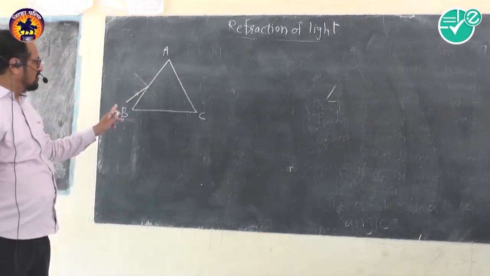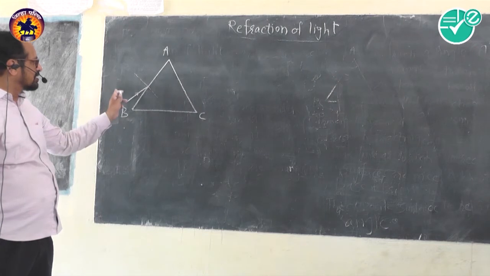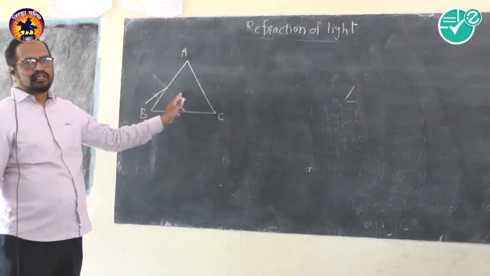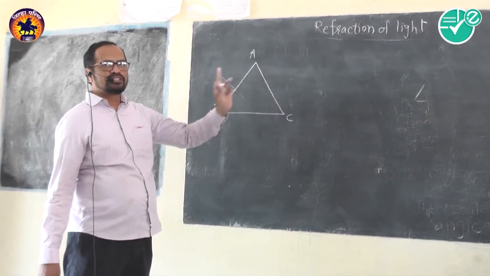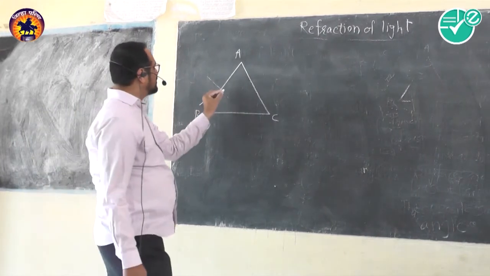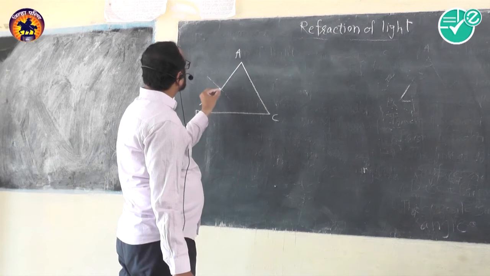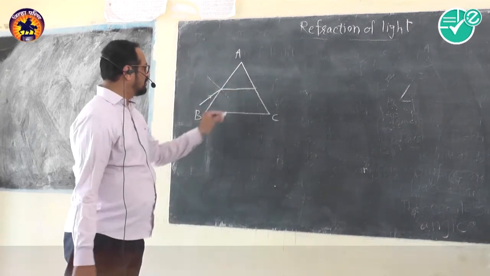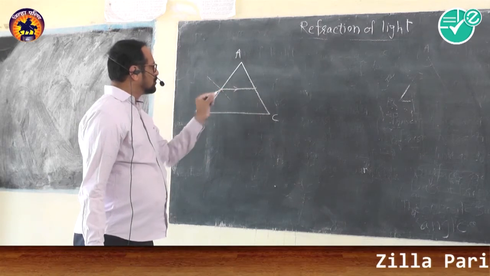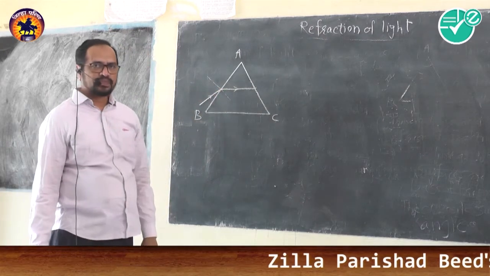So when the ray of light is incident from rarer medium to denser medium, we have studied that it will be refracted towards the normal. So it will be refracted towards this normal, like such. And after that, two refractions take place here.